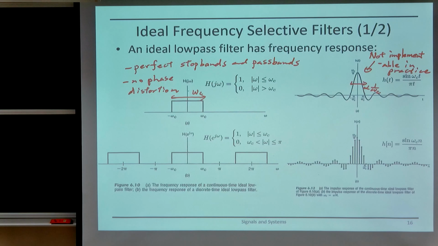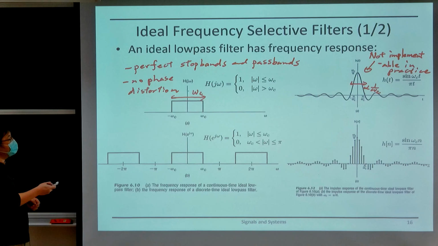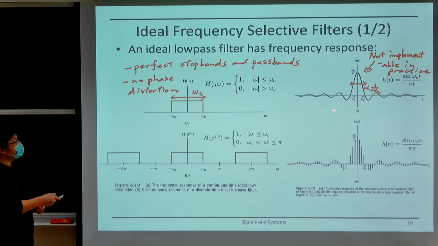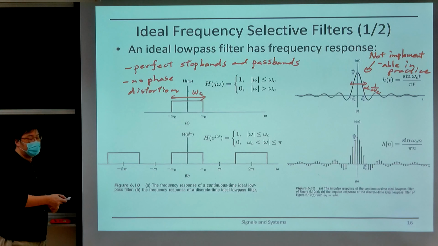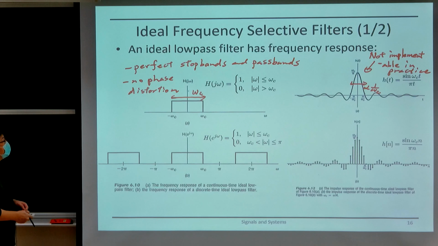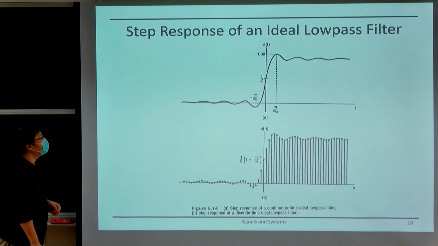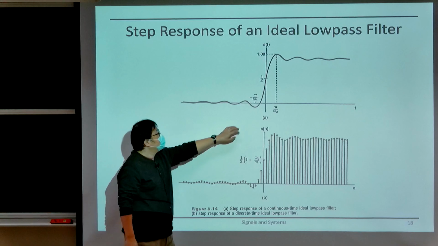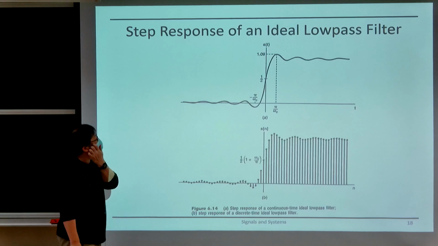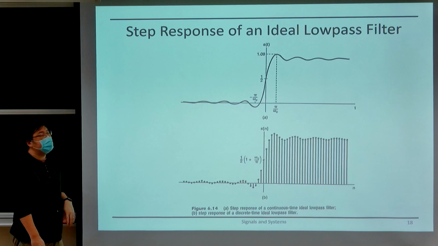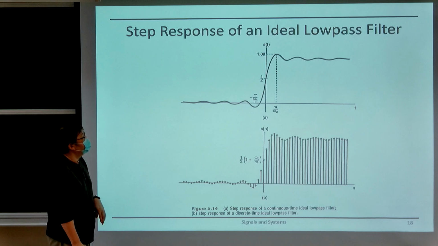Now, if you look at the step response, which is just the integral of the impulse response, you get something like this. And this shows you several non-ideal properties in the time domain.